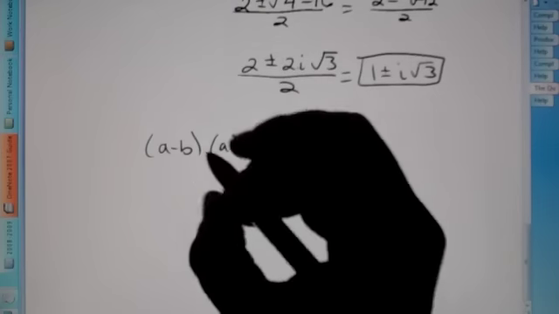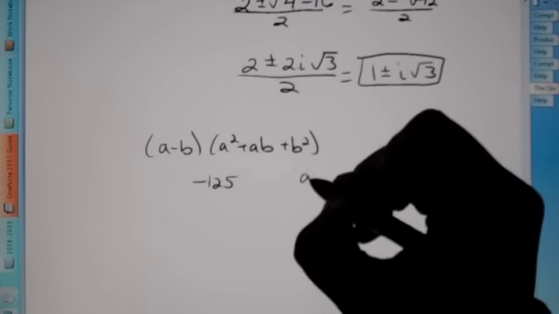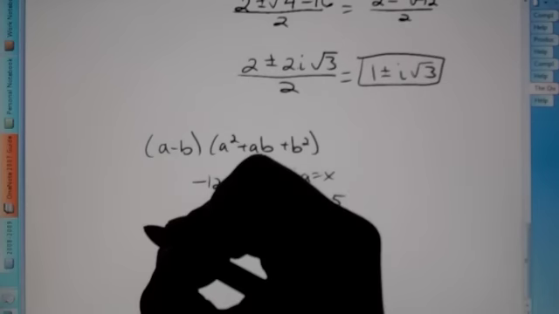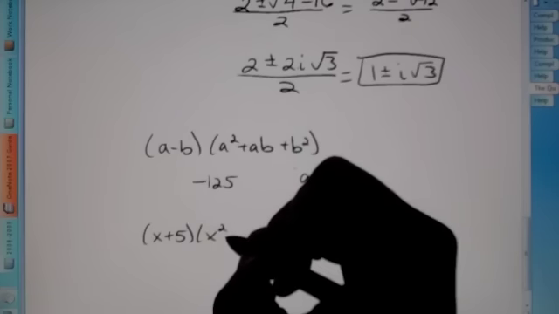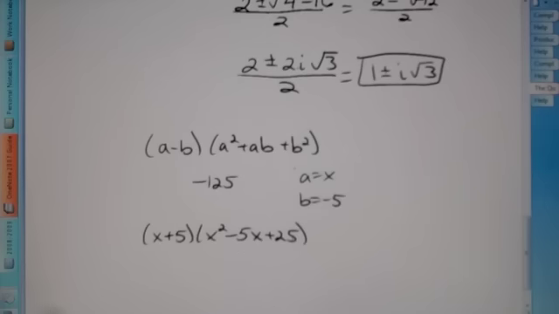So if I said find the three cube roots of negative 125, I know that a is equal to x, b is equal to negative 5. So x plus 5, and this becomes x squared minus 5x plus 25. So that's your initial setup. Obviously, you have to do more to solve for x to find the three cube roots, but this is how you would set this type of problem up.